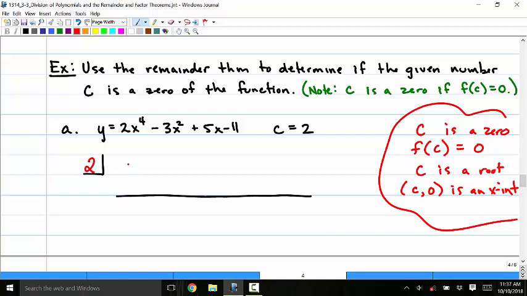What are your coefficients? It starts with an x to the 4th. So 2x to the 4th. What do you need? A 0 as a placeholder for x cubed, negative 3 for x squared, 5 for x, and negative 11. Drop it, 2. 2 times 2 is 4. 4 times 2 is 8. 5 times 2 is 10. 15 times 2 is 30.